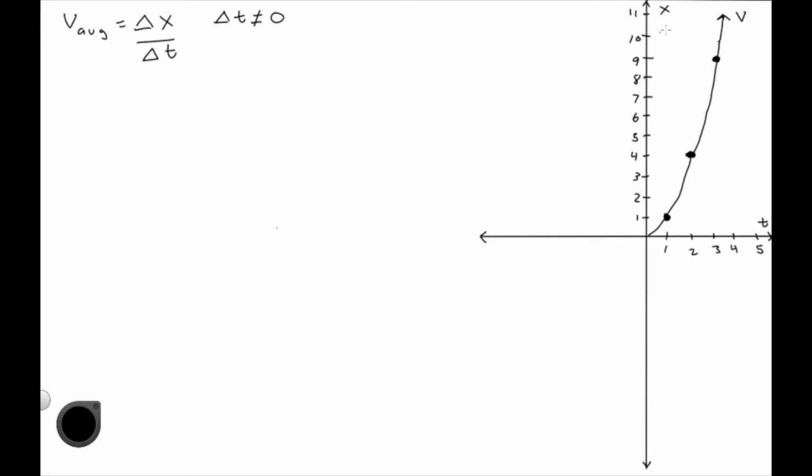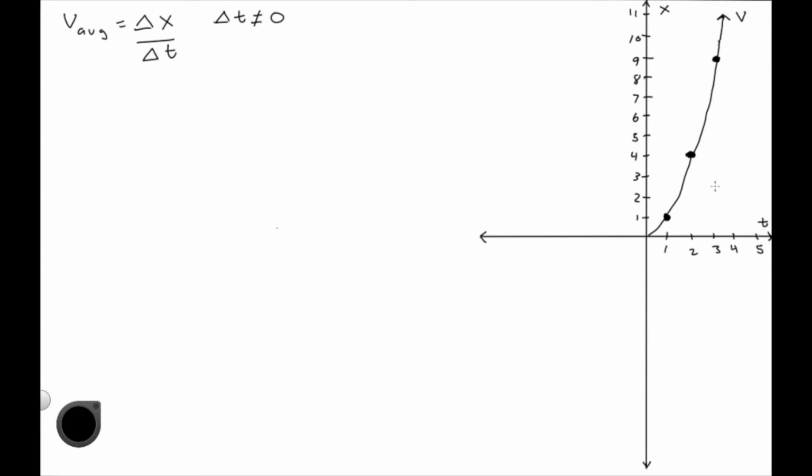We'll label this axis x for displacement. And then the horizontal axis tells us at which point in time the object is. So we'll label this axis t for time. So the vertical axis tells us where, and the horizontal axis tells us when.